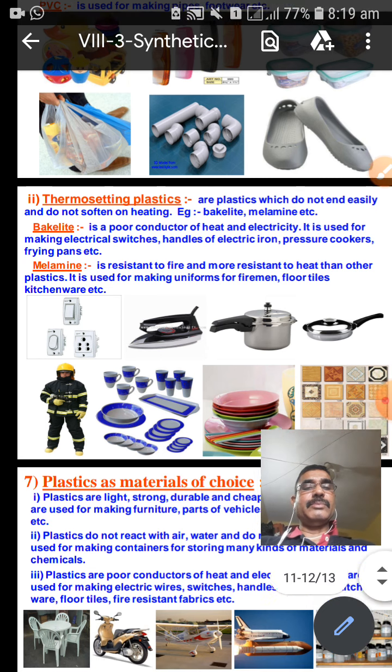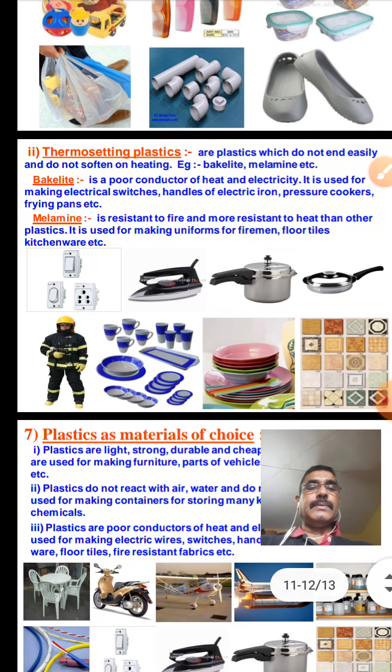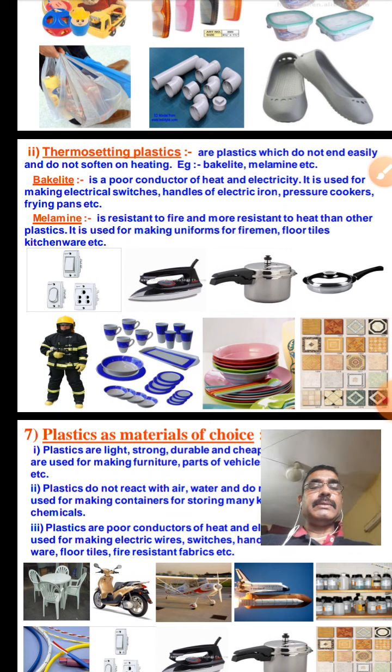So sometimes a question may be asked: name the plastic that is used for making uniforms for firemen and why. So here you have to write the answer is melamine, because it is more resistant to fire and also more resistant to heat than other plastics.